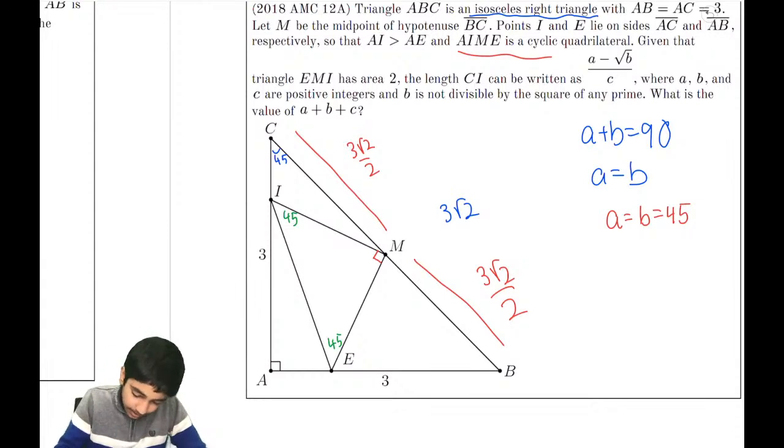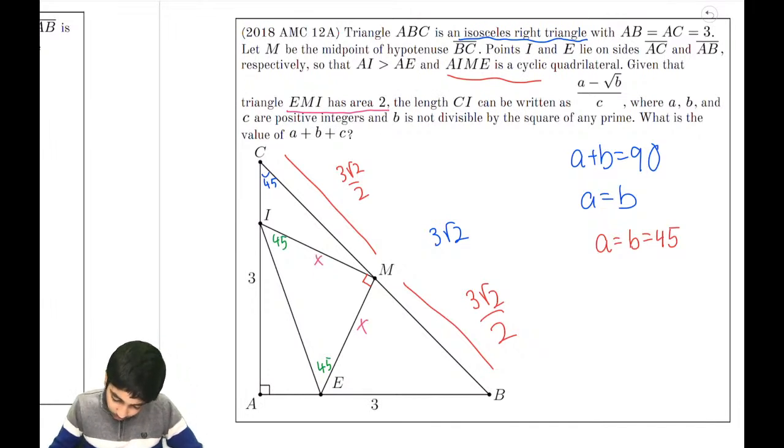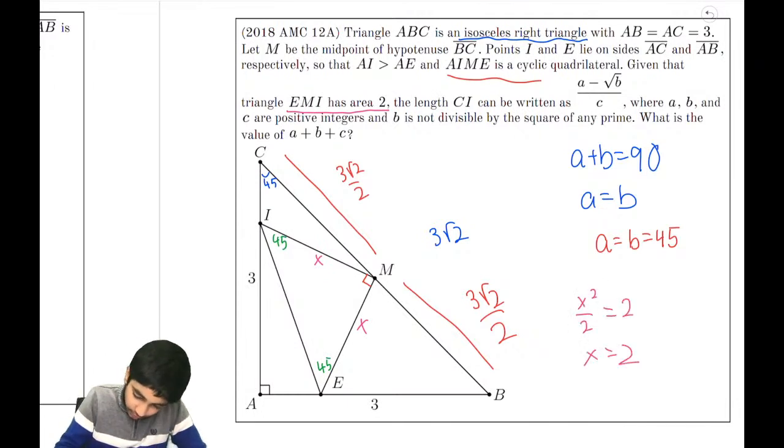From here, we can see that we still haven't used the information that EMI has area 2. Let's say IM has a side length of x. Then x squared over 2 is equal to 2, meaning that x is equal to 2. So both of these are going to be 2.